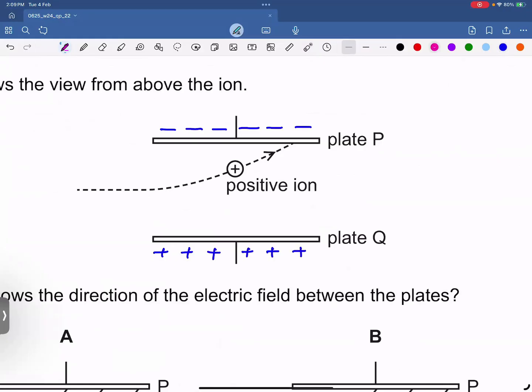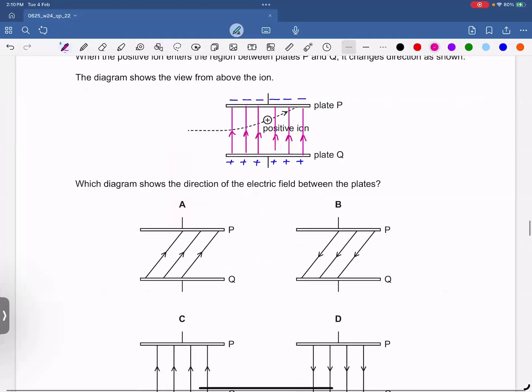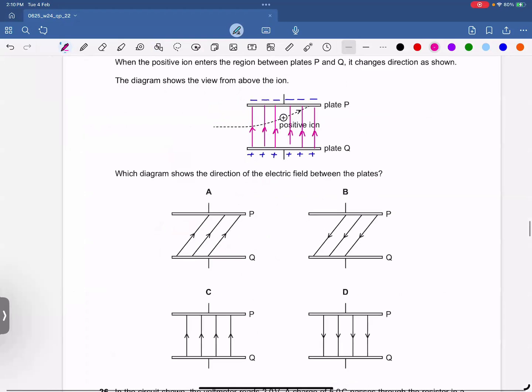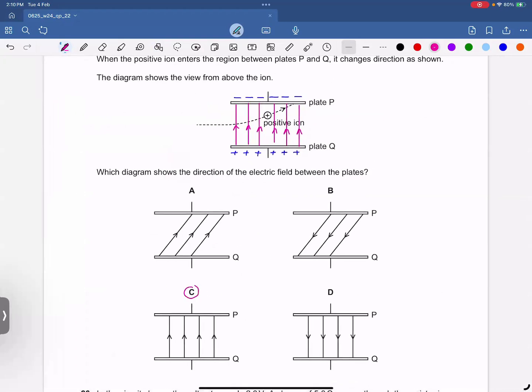And electric field, you know, is always away from positive and towards negative, straight lines, equally spaced. So this is how electric field will look. The question is, which one is the correct diagram which shows the electric field? I already drew for you. So it is upwards. Why did I say up? Because positive charge goes up, so up should be negative. So this is how we do it. We proceed to question number 26.